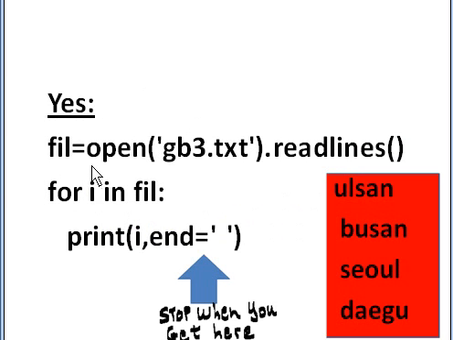Yes. file = open('gb3.txt').readlines(), then for I in file colon print I comma end equals space. Wow.